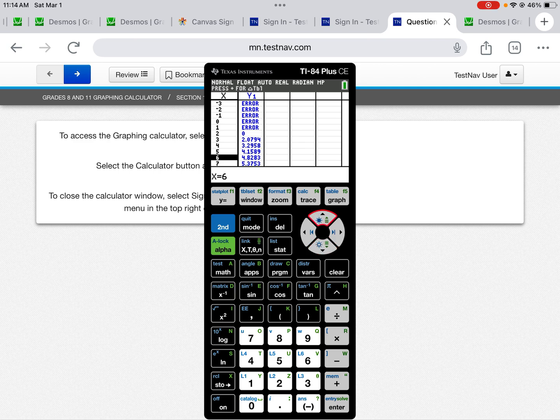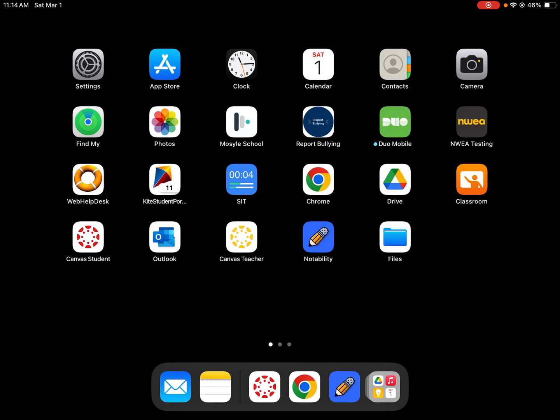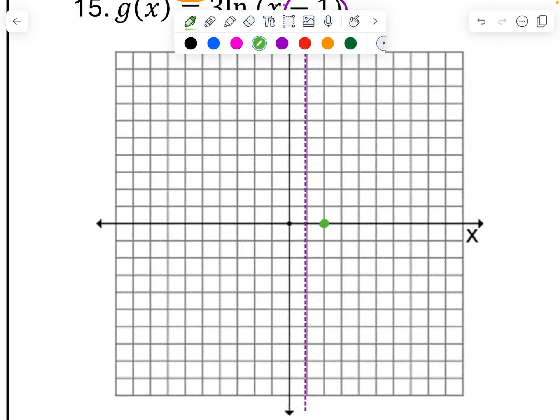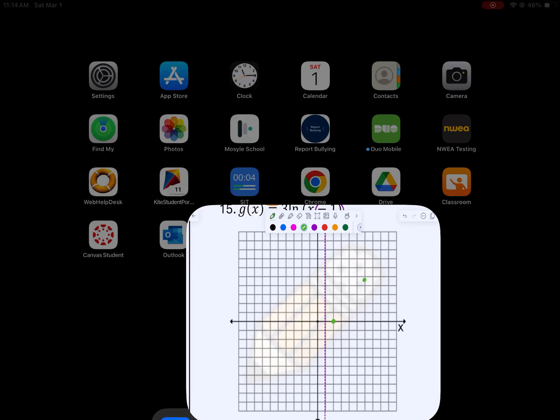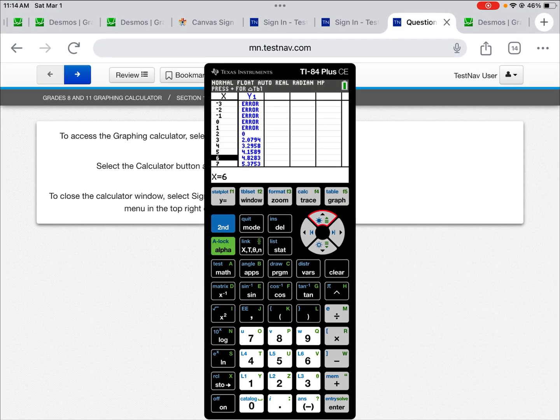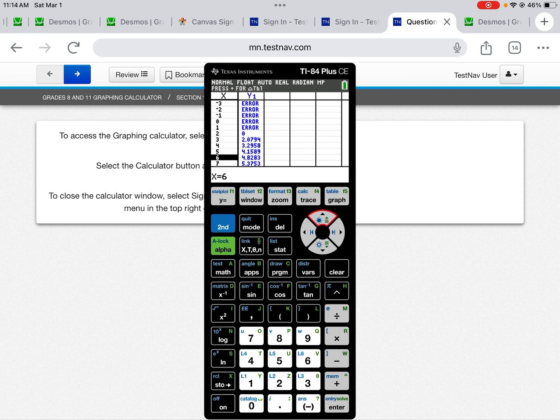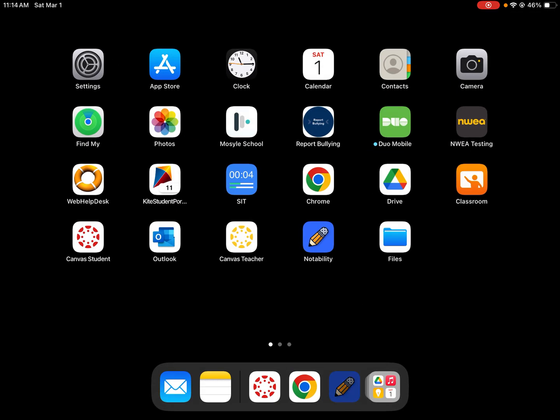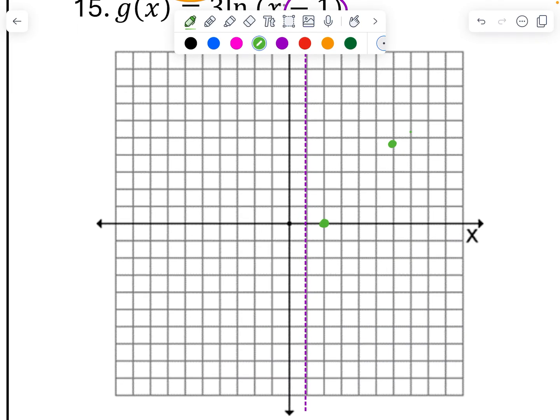That's 6, almost 5. So let's plot 6, almost 5. 1, 2, 3, 4, 5, 6. 1, 2, 3, 4, 5. So 6, almost 5 is going to be there. Did you notice 7 was a little bit bigger than 5? So 7, a little bit bigger than 5, would be about right there.